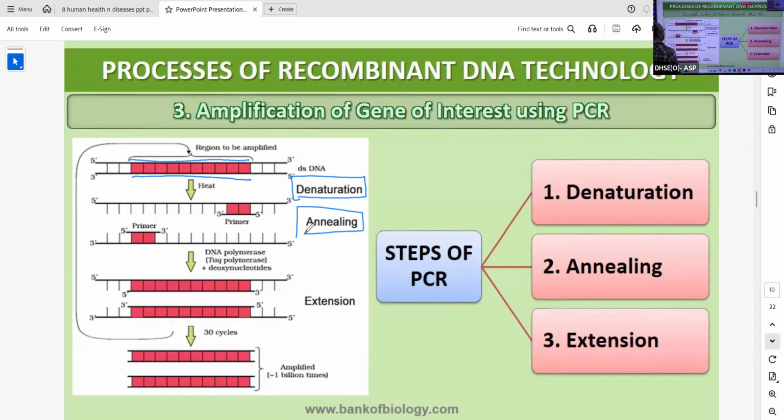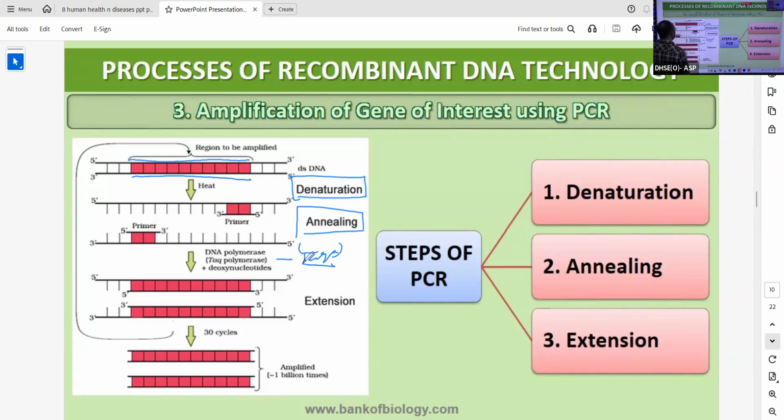After that, the next thing you see is the use of certain kinds of enzymes to promote the process. Why? Because the polymerase present is Taq polymerase from Thermus aquaticus.